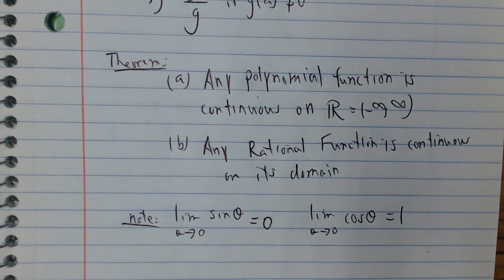Okay, so to wrap up this section, we have our final theorem, which what this next theorem does is it just makes things even better. It says, look, here's a list of a bunch of functions that are continuous on their domain. So if you notice the theorem before this, we were specific to polynomial functions and rational functions. And then the one before that is just talking about the sum, difference, product, quotient of a bunch of functions.